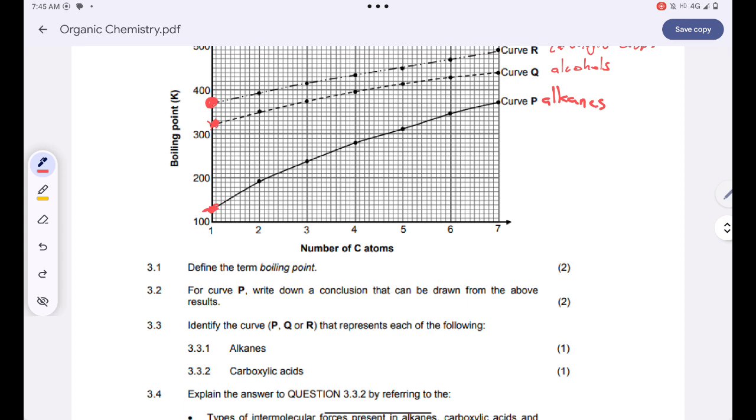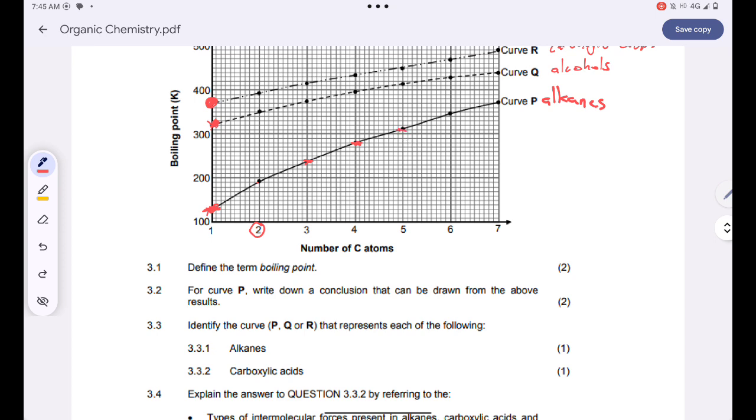Are we together? And then whenever we have two carbons, that means we have ethane. The boiling point will be higher than that of methane. If you have three carbons, the boiling point increases. Four carbons, butane, boiling point increases.